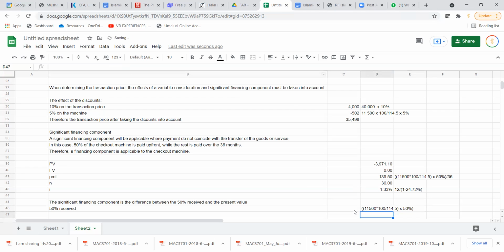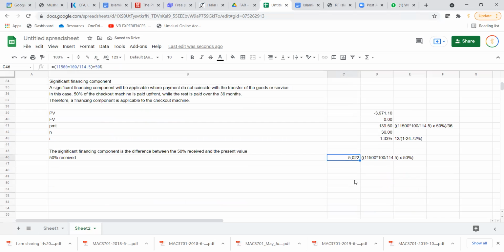So the 50% received is, we received 11,500, but we want the exclusive VAT amount, 114.5 multiplied by 50%. Okay, so that is the physical cash we received if we exclude VAT. Obviously, the actual cash received included VAT, but we're busy with revenue, so we want the exclusive VAT amount. Okay, the VAT we will keep separately.